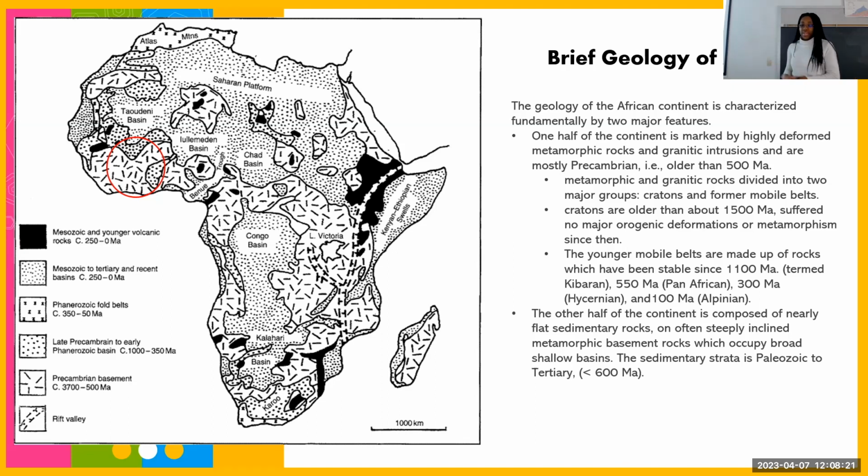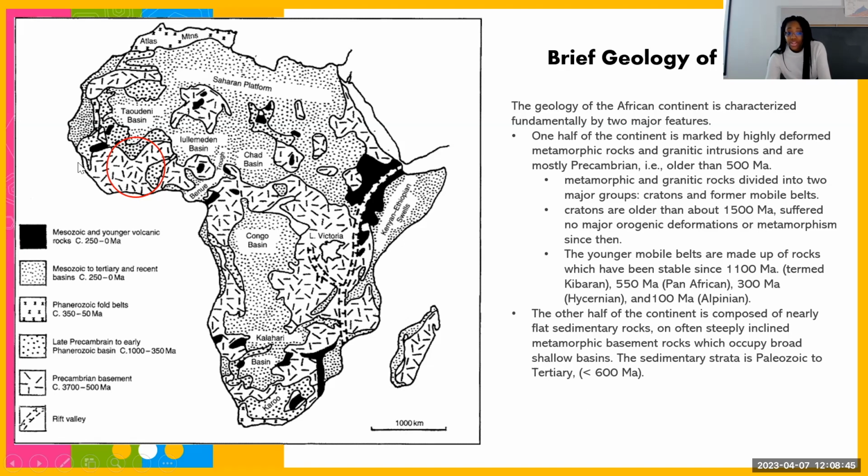So that's what that means. The other half of the continent is composed of nearly flat sedimentary rocks, often on steeply inclined metamorphic basement rocks, which occupy very broad, shallow basins. And the sedimentary strata of these flat sedimentary rocks is from the Paleozoic era to the Tertiary period. So all of them are less than 600 million years.